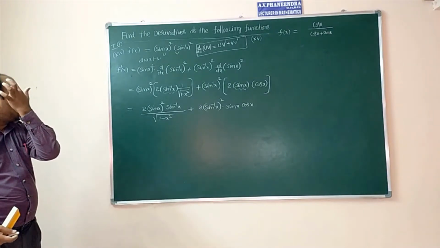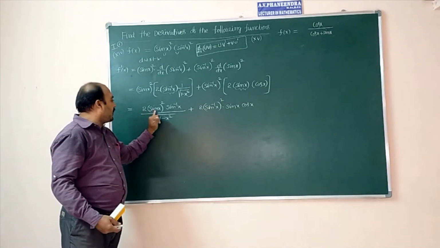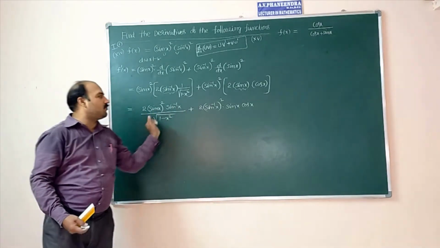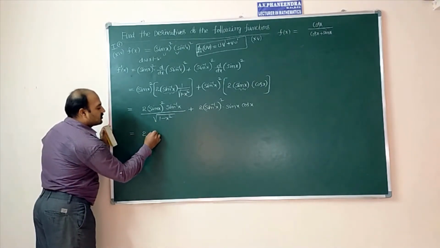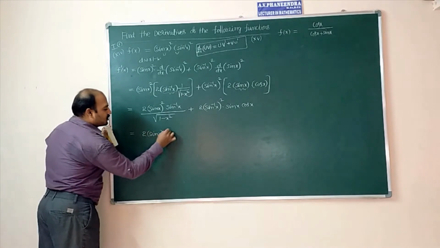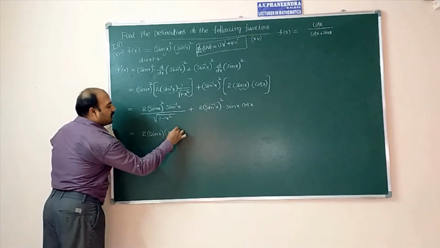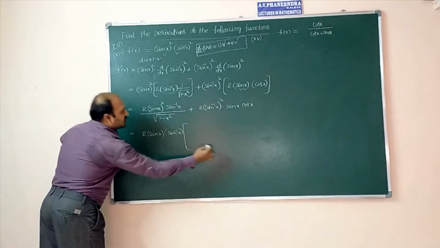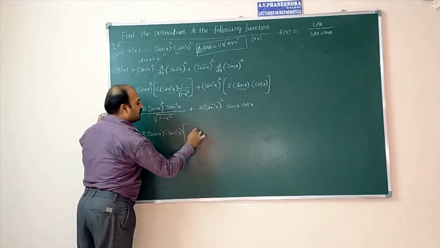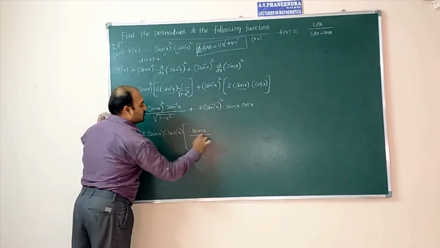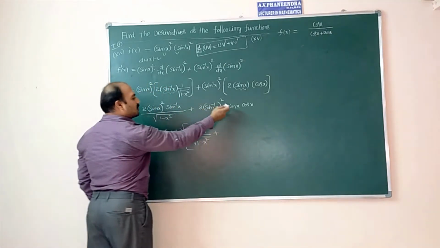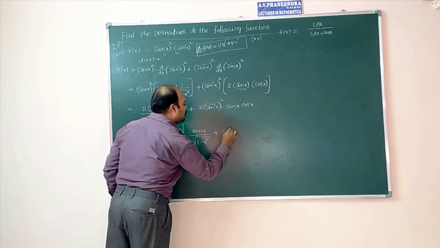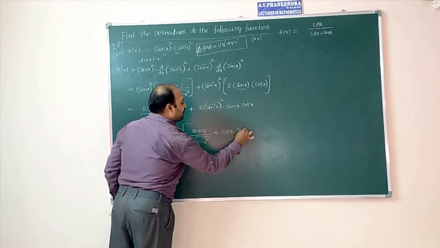Now observe that 2 sin x into sin⁻¹ x you take common from both the terms. The rest of the terms here: sin x divided by √(1−x²) plus 2 into sin⁻¹ x over sin x, means remaining cos x into sin⁻¹ x.